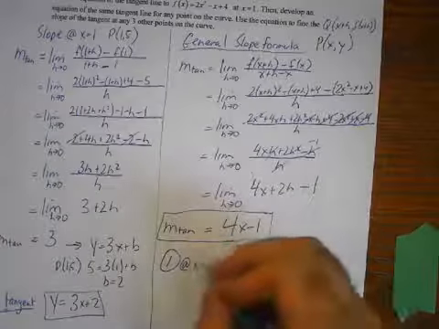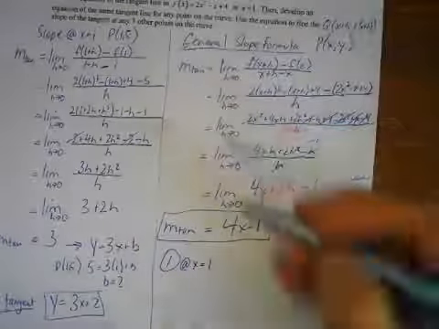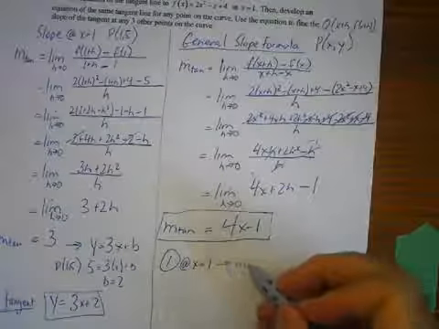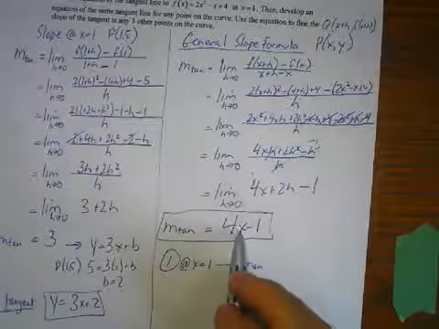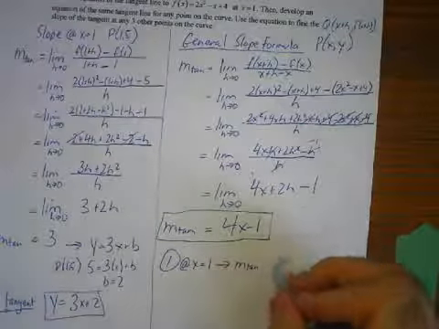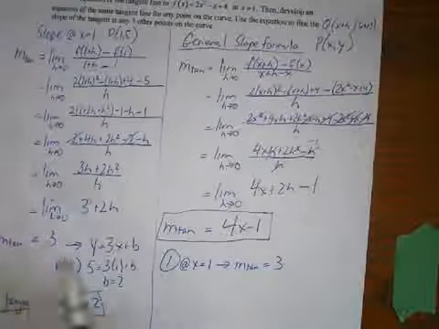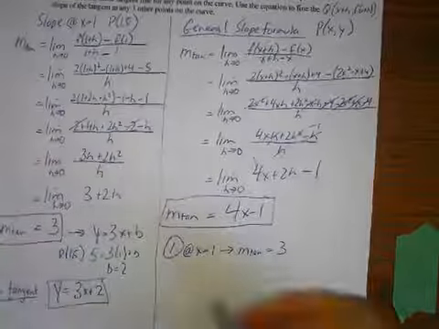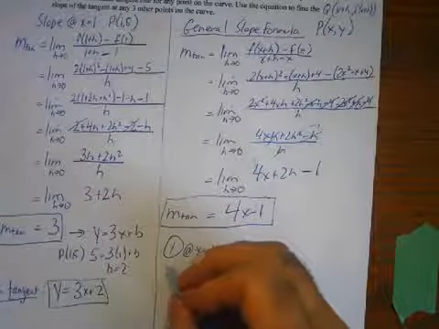So if I plug in x equals 1, I'll get 4 times 1, 4 minus 1. The slope is 3, and that matches up with what we got over here. Okay, so let's try other points. Let's do x equals negative 4.